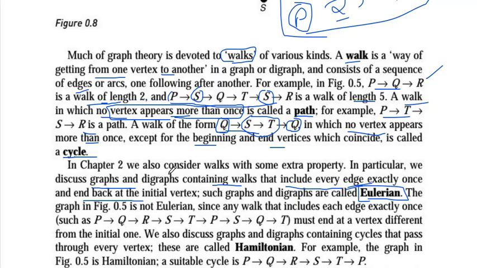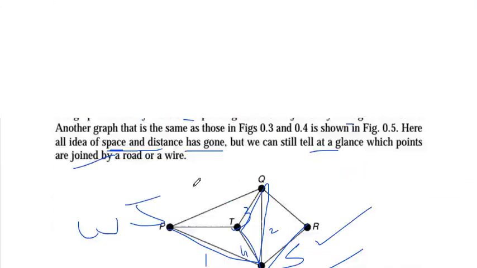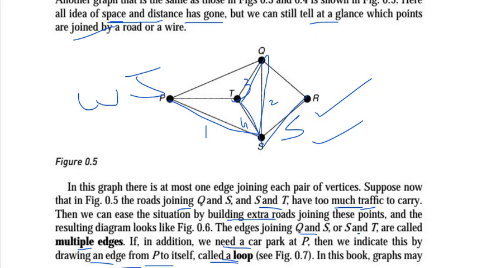Here, our figure is not an Eulerian graph. Why?